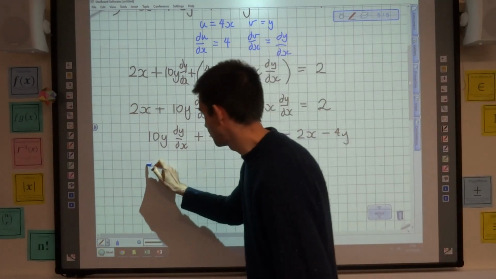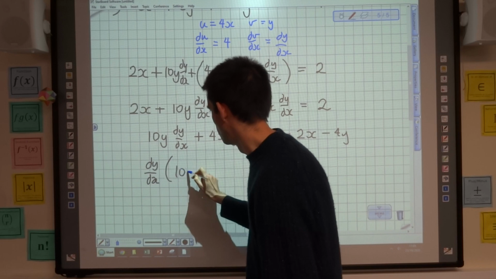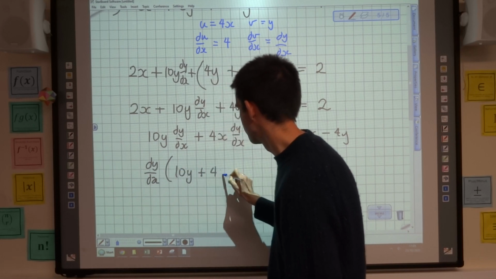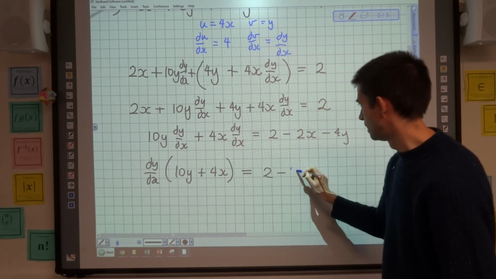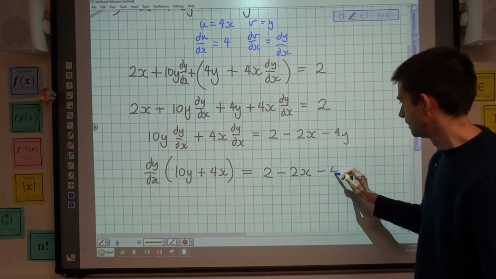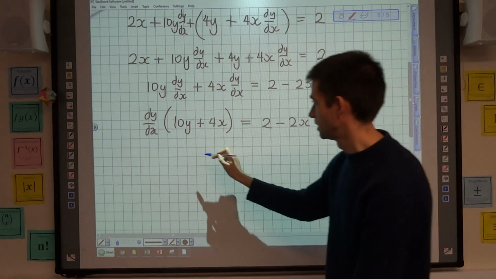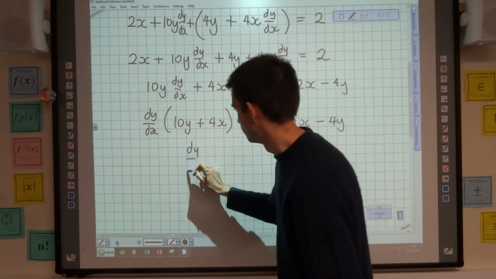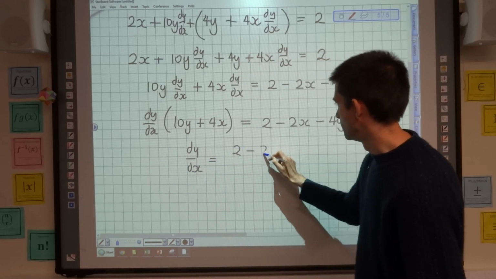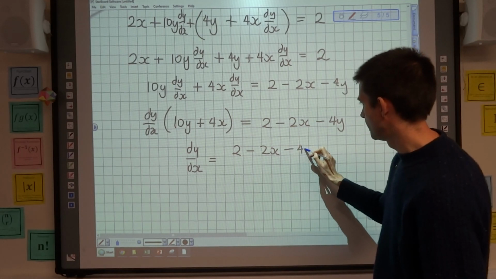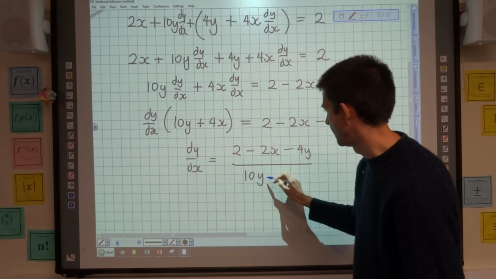Factorise out the dy/dx, so that's going to be 10y plus 4x, and that still equals 2 minus 2x minus 4y on the right hand side, and then I can divide by the bracket and simplify. So dy/dx equals 2 minus 2x minus 4y all over 10y plus 4x.